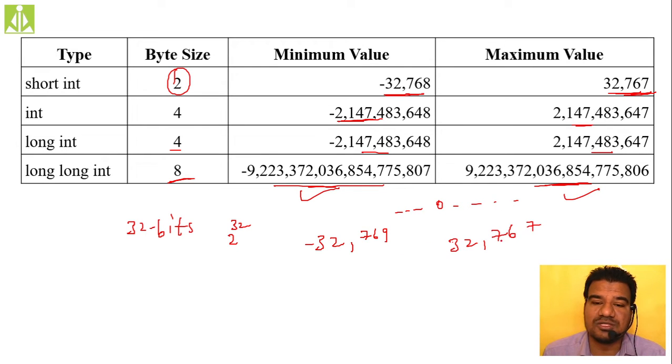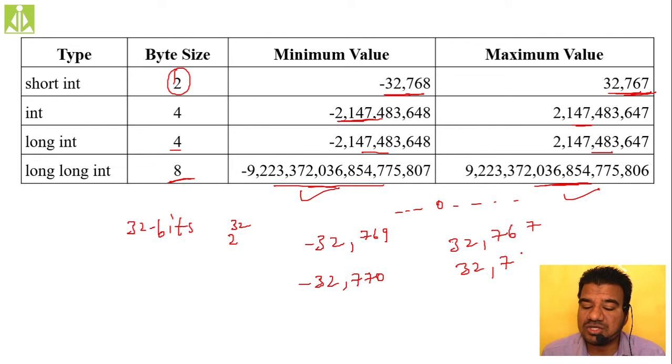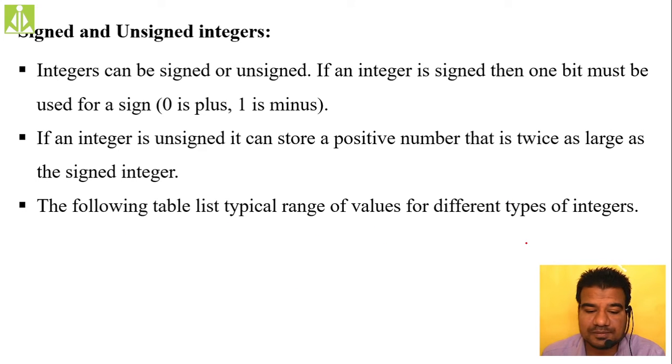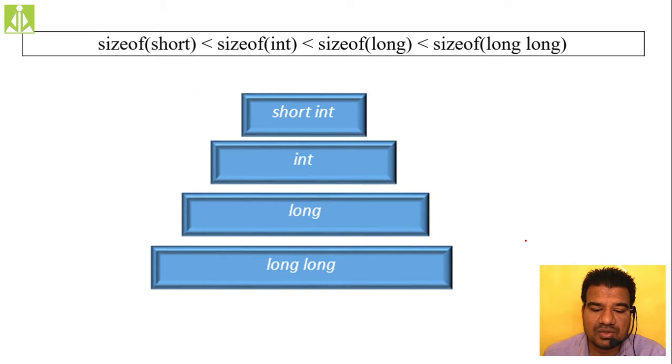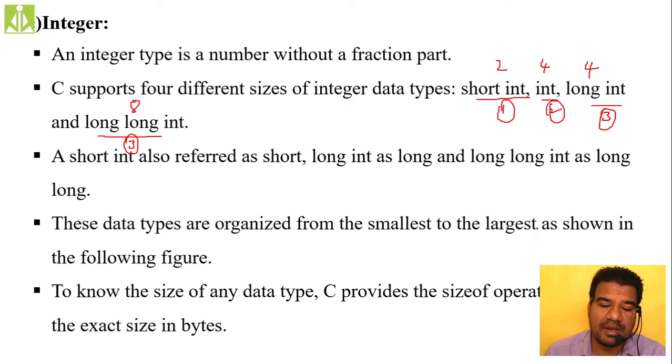And if you do one more decrement, minus 32,770, if you store, it will come from this direction. It will go in a cyclic way. It will come in this direction and it will take 32,766. Likewise, it will store. All these are very advanced concepts and not needed for your knowledge now, so I'm just giving the explanation so you remember.